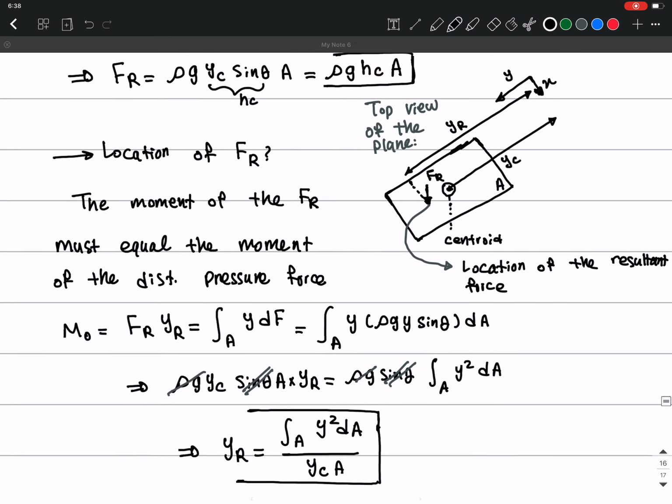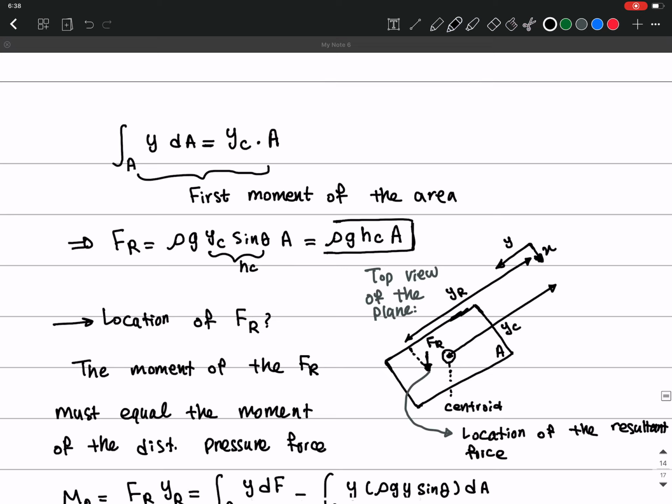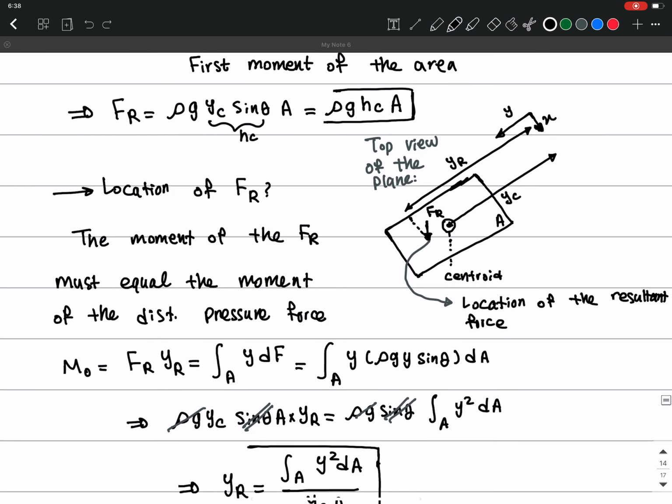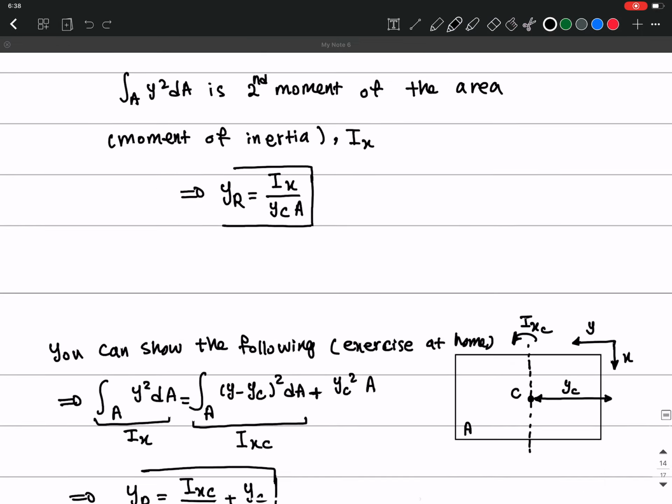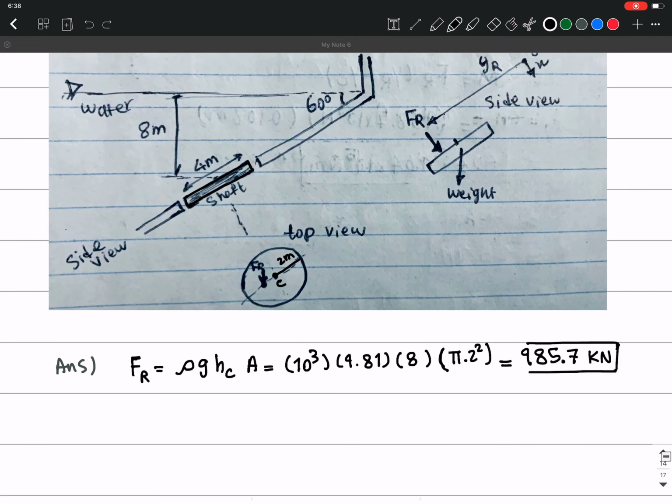Finding the location is a little bit more complicated, because for the magnitude we just needed to calculate the first moment of the area, and for the location we need to calculate the second moment of area. So let's go to the location.